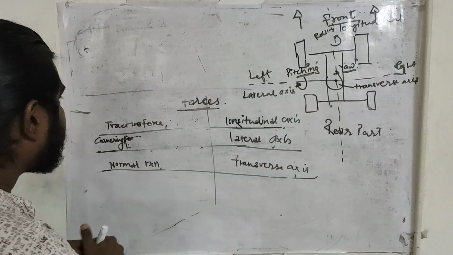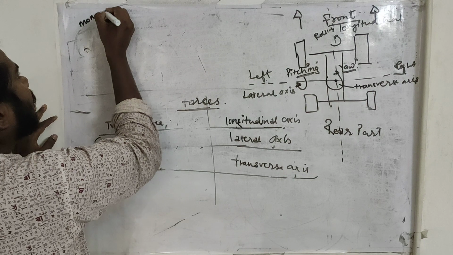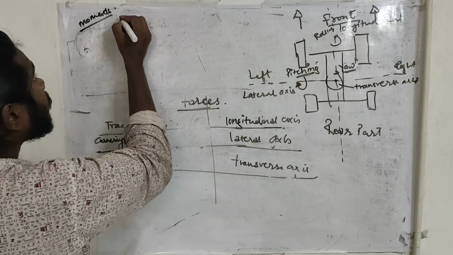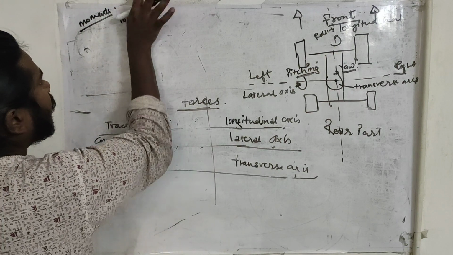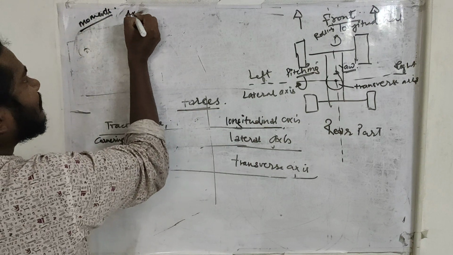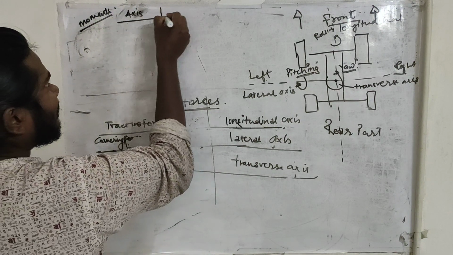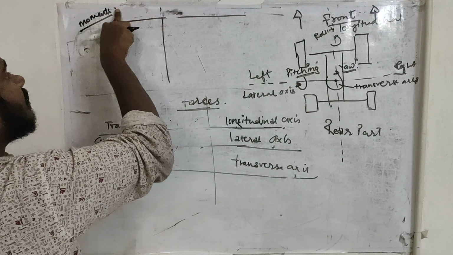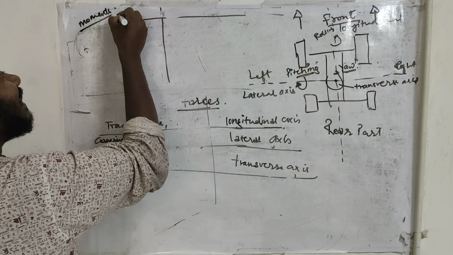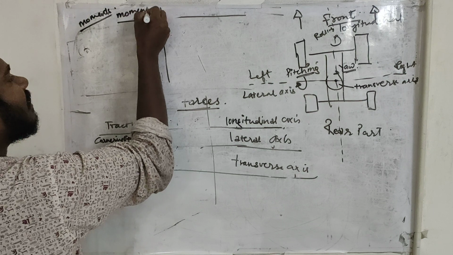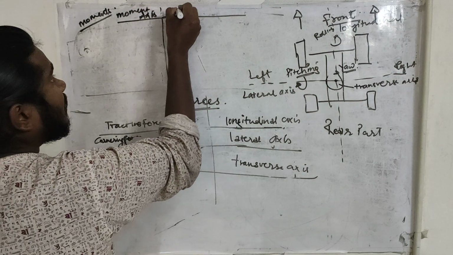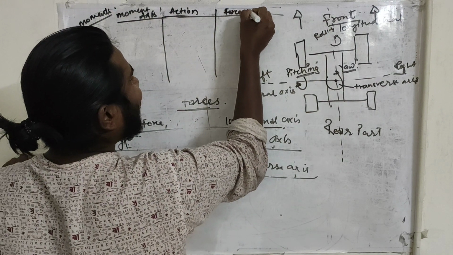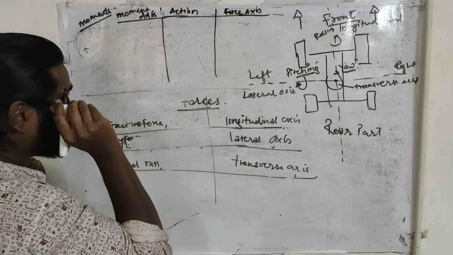If I talk about movements, I guess it's visible now. Let's write it like this: the movement axis, the action that is happening, and the force axis, or I could say the arm axis.